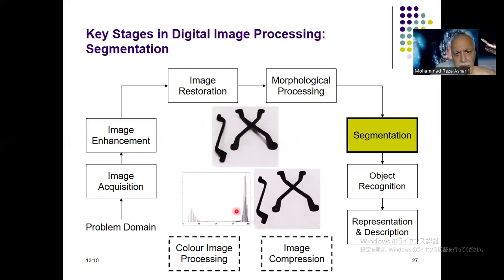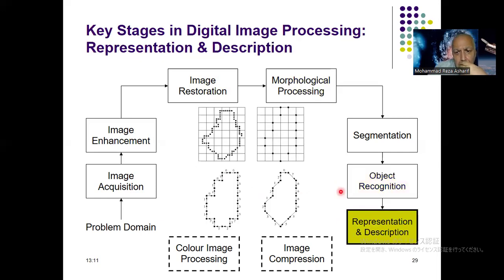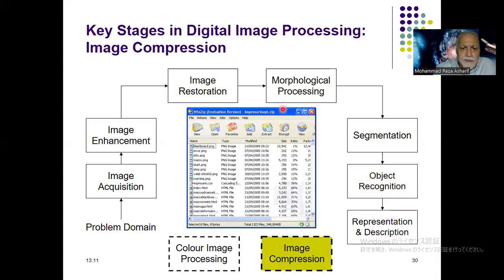They make the histogram wider, then the shadow is removed and the real image is obtained. Of course, object recognition is a kind of segmentation, so you can find where the objects are. Also, representation and description, which is here, for instance, like this, and we will explain in detail later.